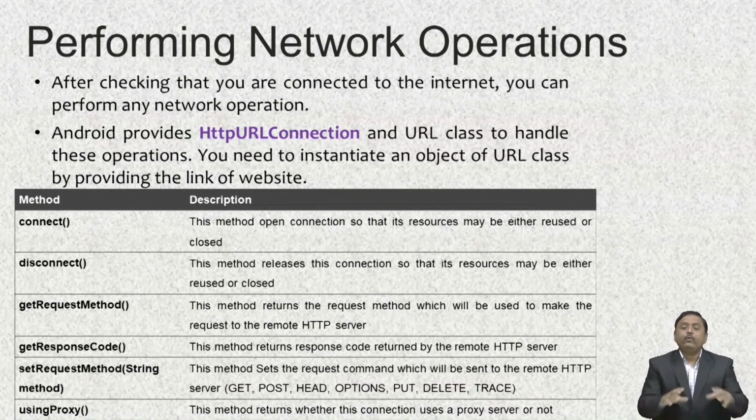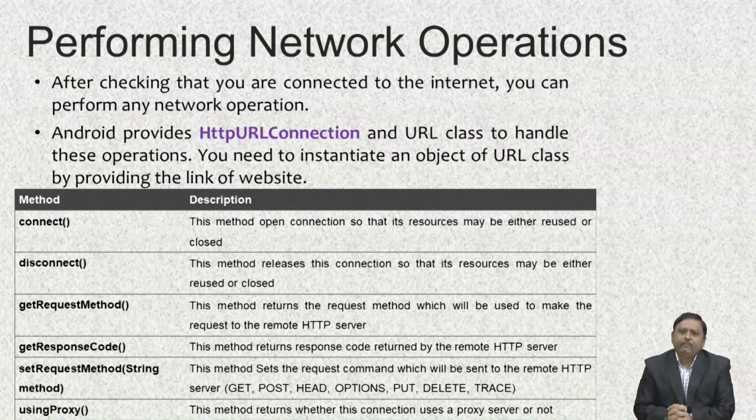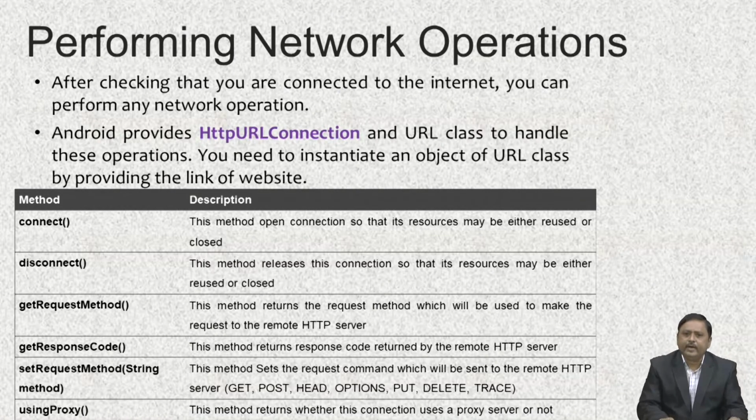Then we have get response code. Earlier we have already used this HttpURLConnection class to download a JSON file, right? So at that time we checked whether that response is okay or not.